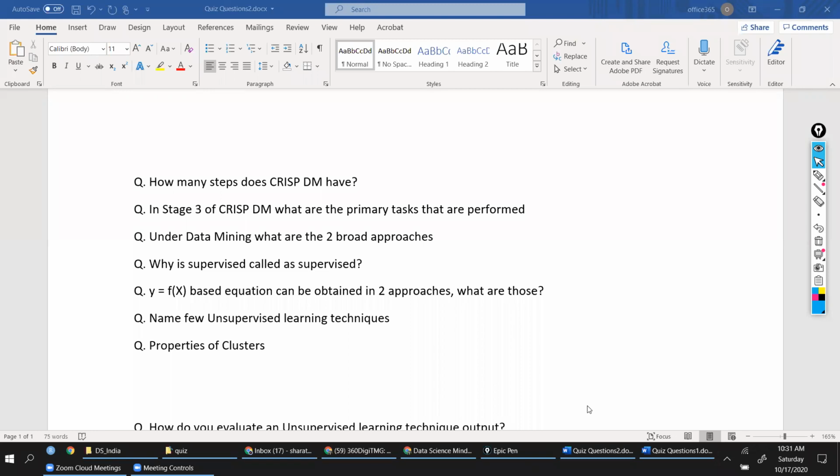And when you have multiple clusters, each cluster should be different from the other, right? So simple properties of the clustering techniques that we are talking about, the grouping techniques. Look at clusters which are disjoint. We call it as disjoint clusters, non-overlapping clusters.